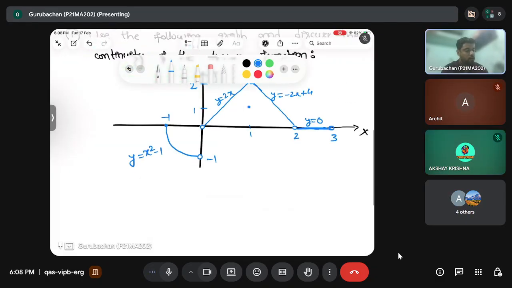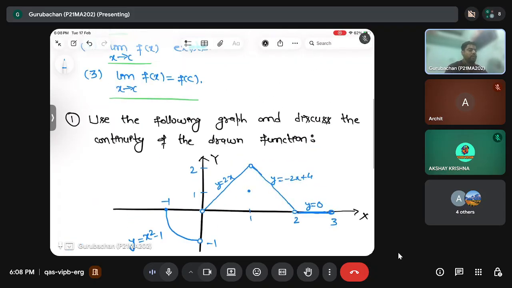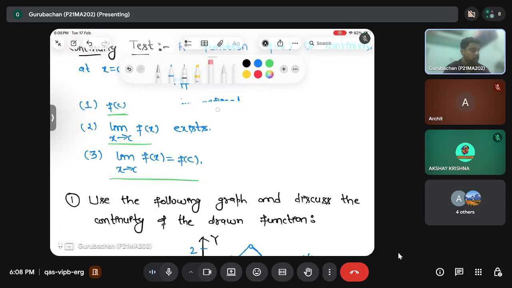So from this graph we need to discuss its continuity at each point. I told you the definition, recall the definition of continuity. Since we are writing it as definition, we try to avoid this must word.